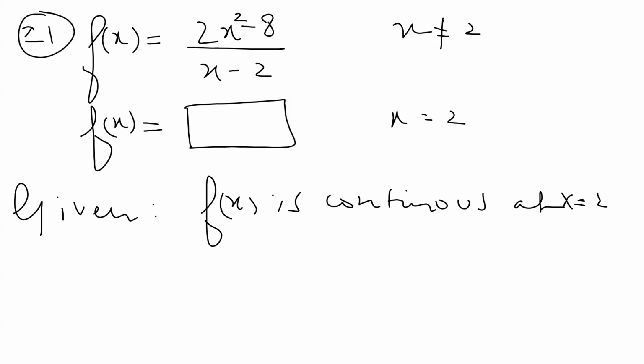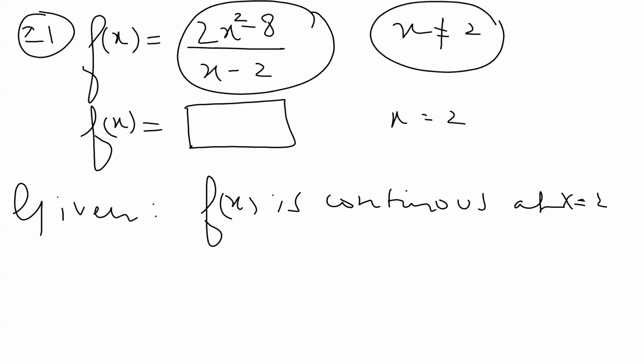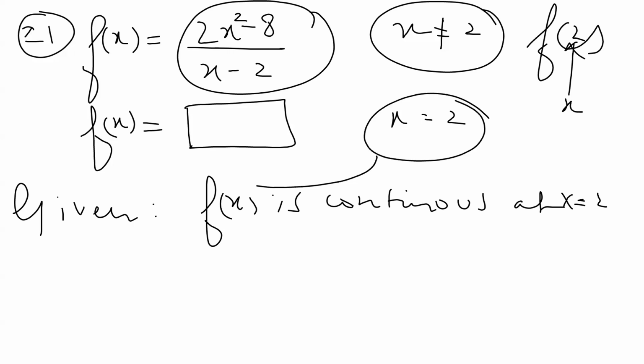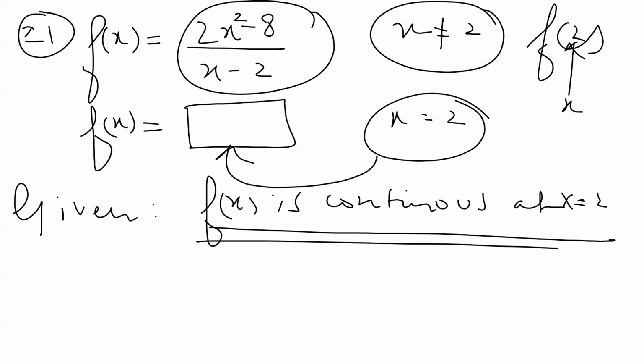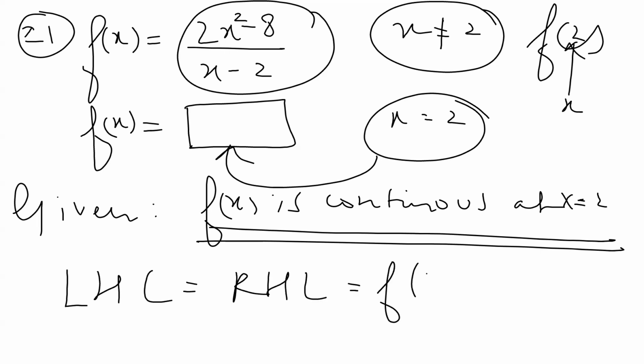At x is equal to 2 it is undefined, so this function is true only when x is not equal to 2. Then what value is to be assigned to f of 2? When x is equal to 2, what value should be given over here is what they are asking, provided f of x is continuous at x is equal to 2. So since continuity is there, LHL is equal to RHL is equal to f of 2.